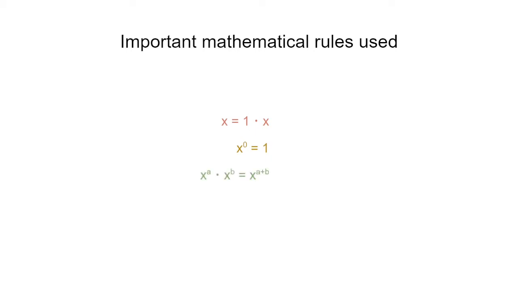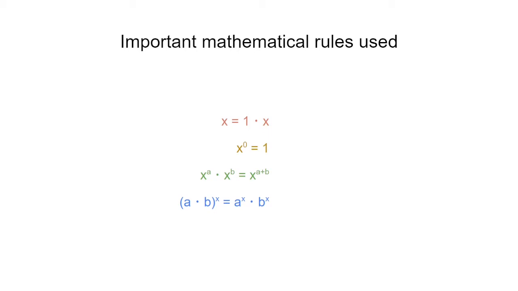The third rule is that a number raised to the power a times that same number raised to the power b is equal to that number raised to the power a plus b. The fourth rule is that a times b raised to the power x is equal to a raised to the power x times b raised to the power x.